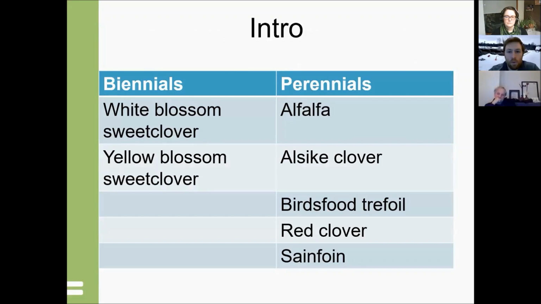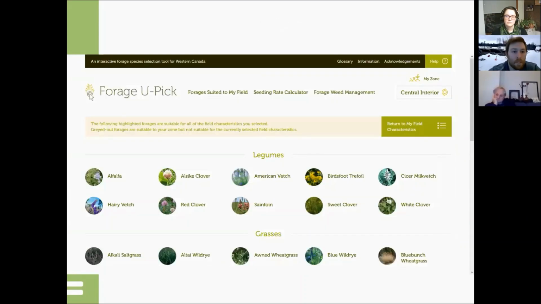So I'm sure a lot of you have heard of alfalfa, bird's foot trefoil, maybe some of the sweet clovers, sainfoin. But one thing I do want to plug real quick is this Forage U-Pick tool.